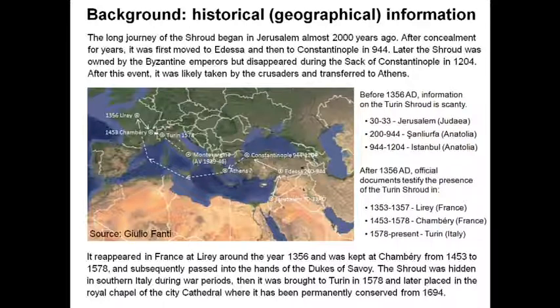The Shroud was likely hidden in southern Italy during the war periods, and then it was brought to Turin in 1578 and later placed in the city cathedral, where it has been permanently conserved from 1694 to the present. So here, the long journey of the shroud.